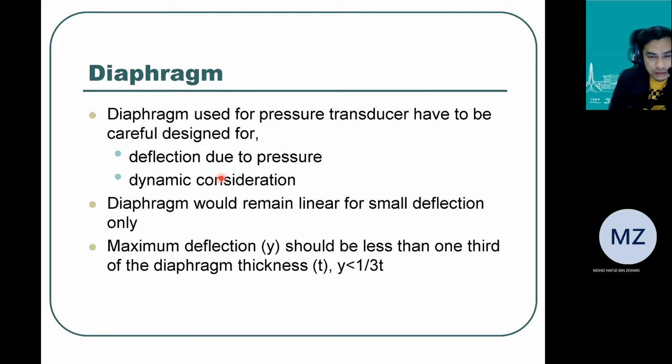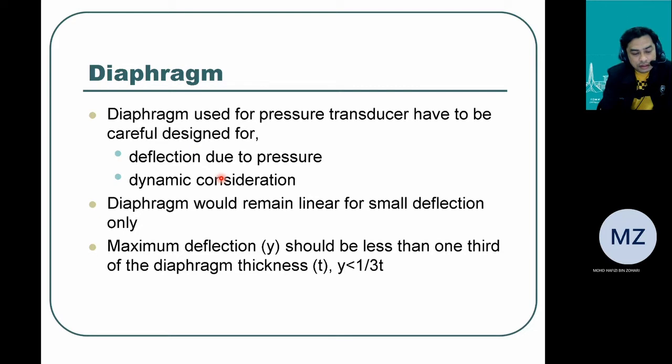First, you have to see how much deflection can occur on the diaphragm due to the pressure, and we also have to look into the dynamic consideration. How fast? Because I said the diaphragm can be used for dynamic measurement, we need to see how fast the diaphragm can capture the dynamic signals of the pressure.